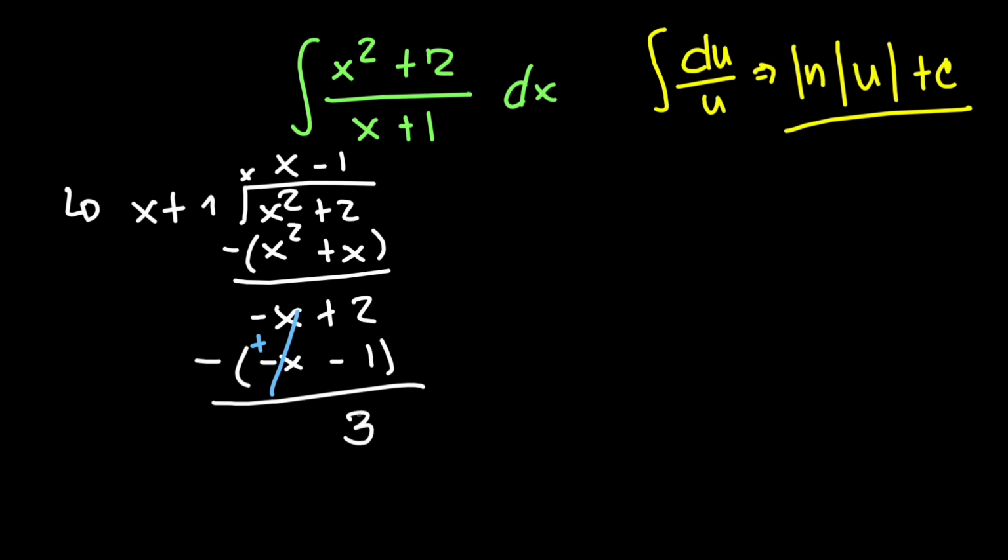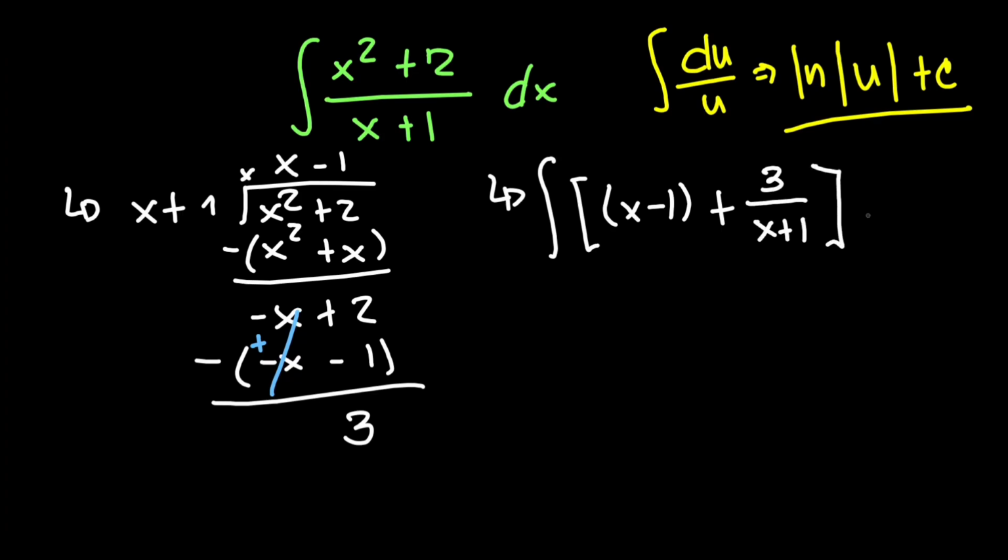So you got a remainder of 3. So the form of the expression right here would now be x minus 1 plus the remainder, which is 3 over x plus 1, dx.